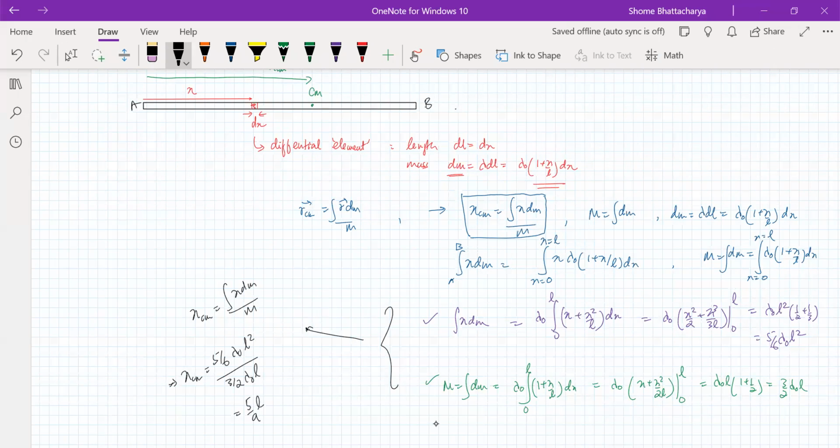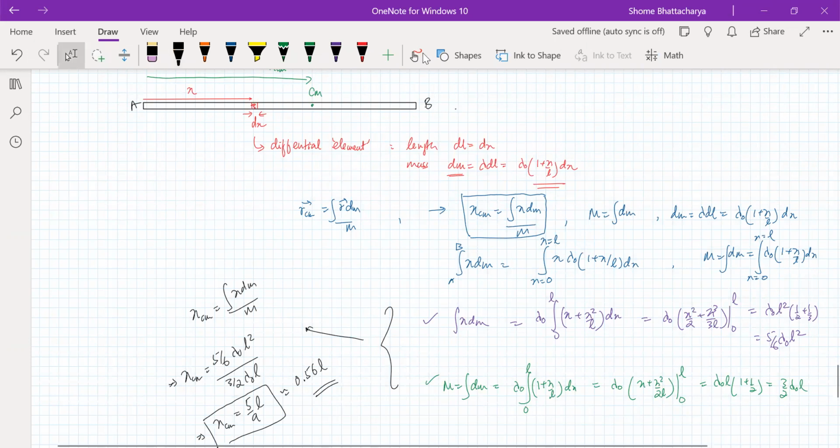Five by 9 L. So you can see that is slightly greater than 0.5. The non-linearity in the mass distribution is shifting the position of the center of mass slightly to the right of the midpoint, but not that much. It's not like it's at 3/4 or something, because it's a gentle increase in mass distribution as you go from A to B. It's a linear distribution change.